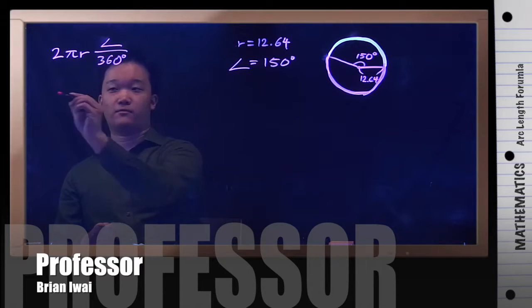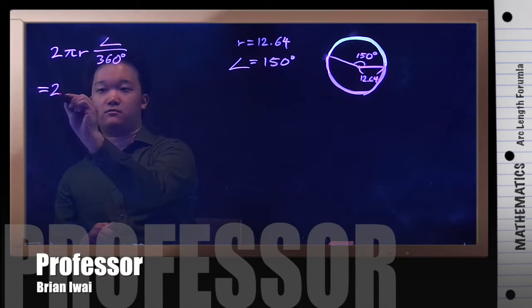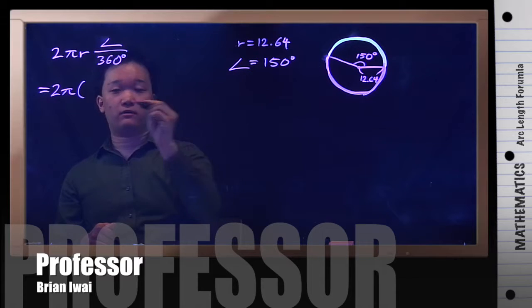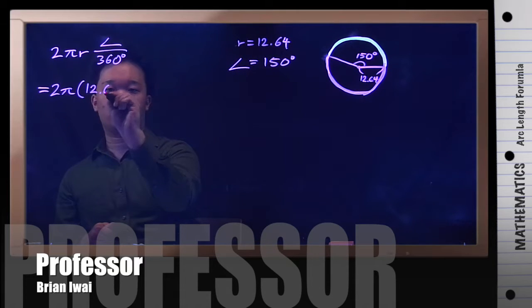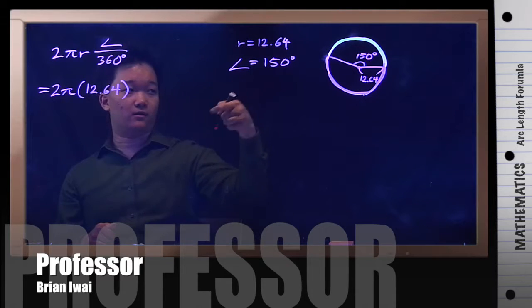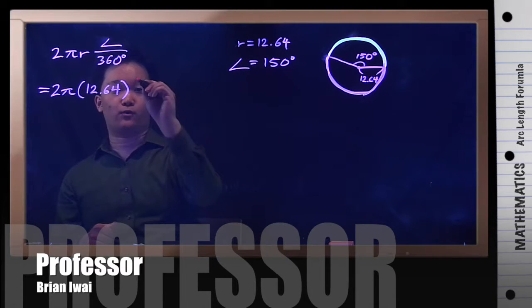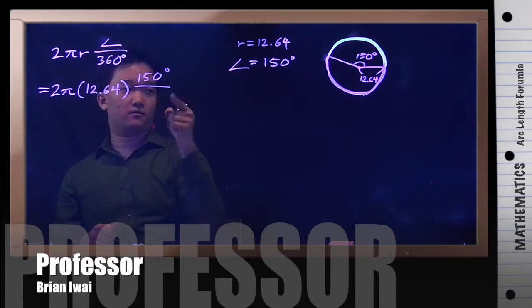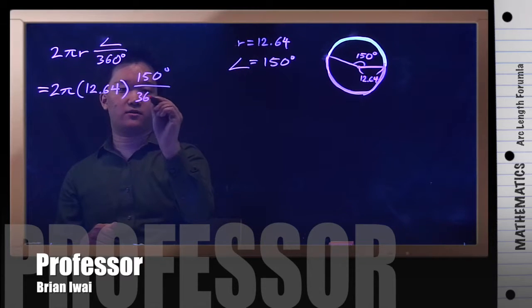So if you use this formula, it would be 2 pi times r, which is 12.64. You multiply it by the angle of the arc, which is 150 degrees, over the total of the circle, which is 360.